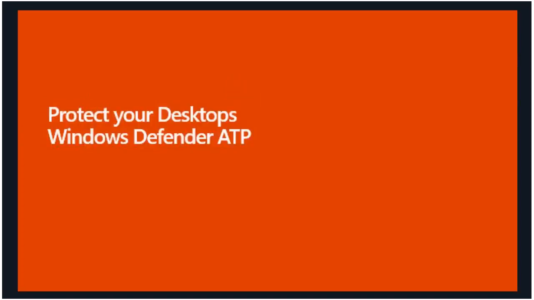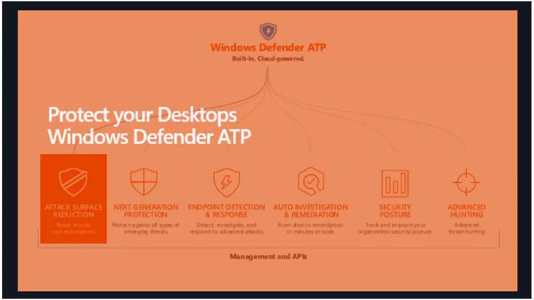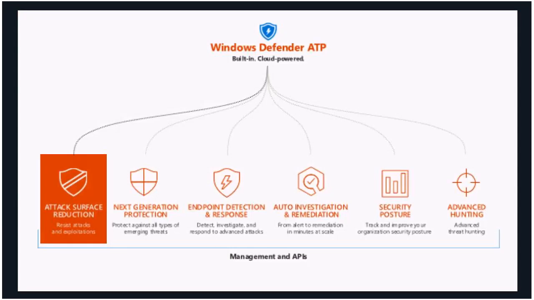So moving away a little bit from what's happening on the backside of things, let's look at our endpoints, right? Which again is another area which can be compromised. So, we look at Windows Defender ATP. It's about reducing the attack surface, right? Protecting against new and different kinds of threats.